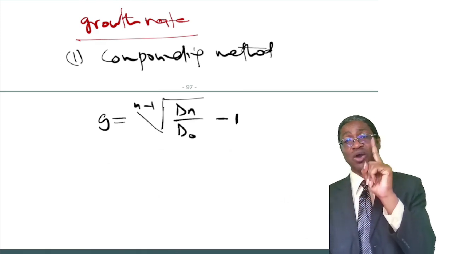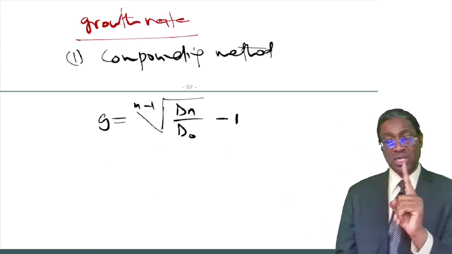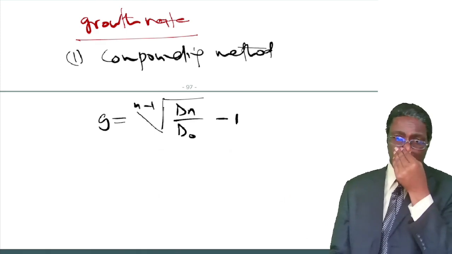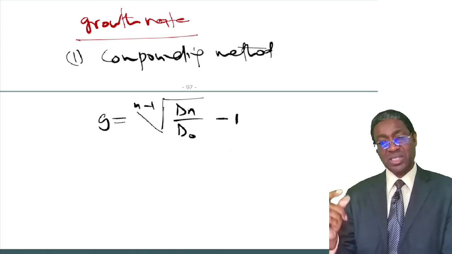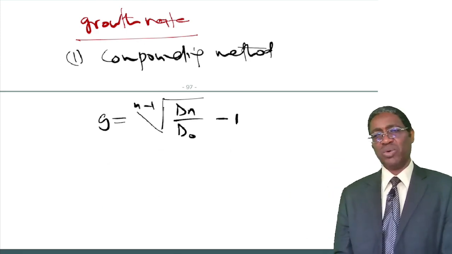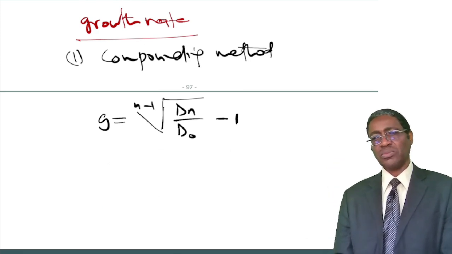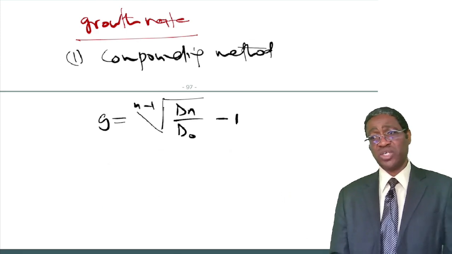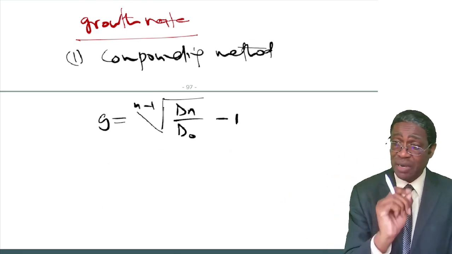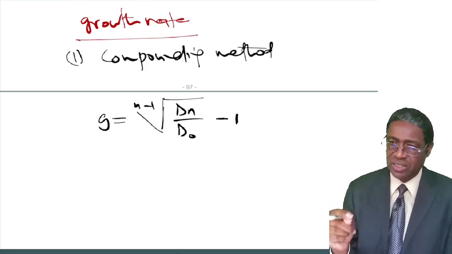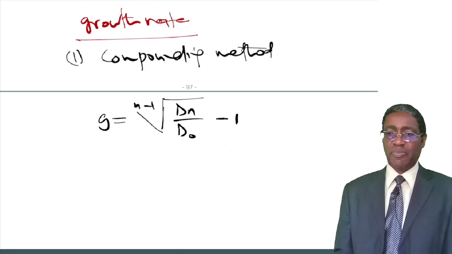If you are using the compounding method, let me just remind you, n we were referring to as the number of years. dn we were taking to be the last dividend, the latest dividend the company paid.